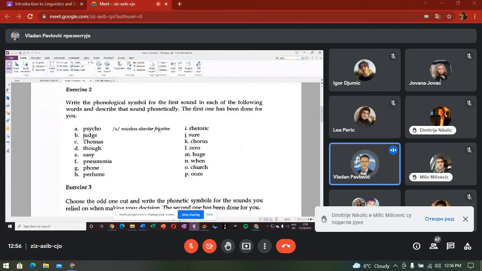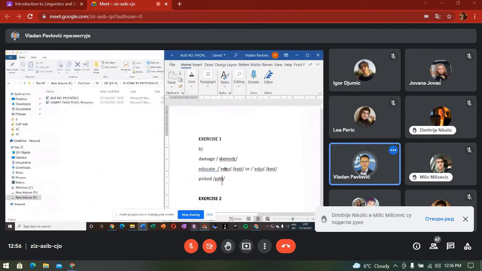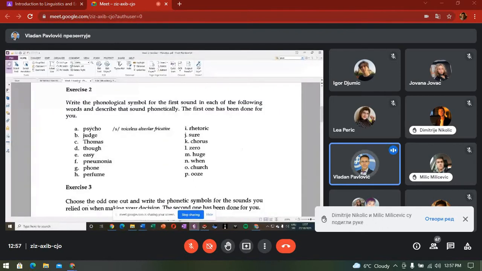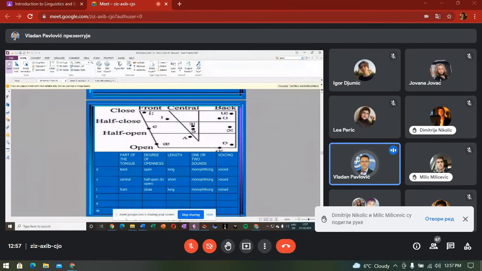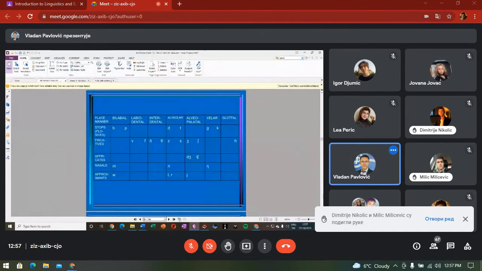Because if it made a complete obstacle, we would make a stop practically. We would make something like we have already seen in these handouts, and that would be a D sound, rather than, for example, a Z sound, an S sound, and so forth.